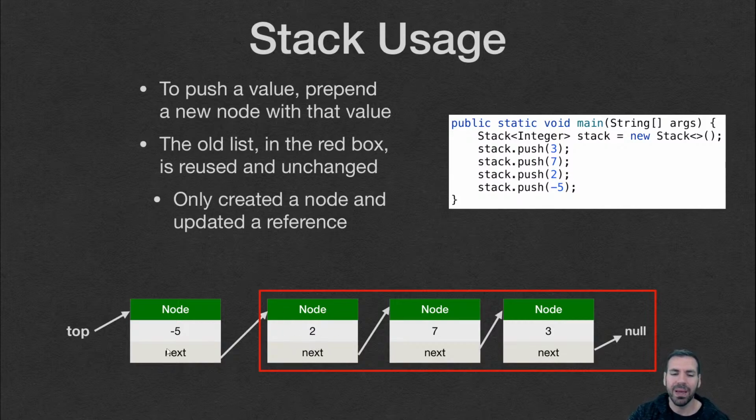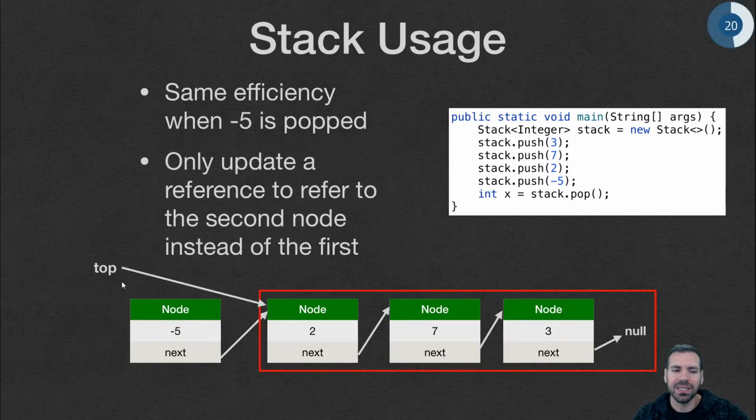And when we prepend, notice nothing in this red box changed at all. Nothing with the old list changed. It still fully exists completely intact. We just have another node that refers to that linked list. And then when we pop off the stack, top, instead of referring to the head of the linked list, we'll get head.next and refer to this node. This is now the new head of the linked list, and we go back to our complete original linked list.